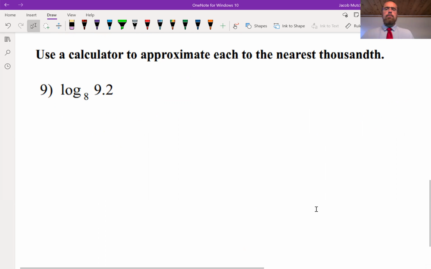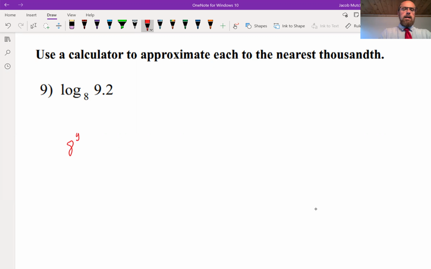And so we see here with this last example, even the instructions hint towards the fact that we really need a calculator to evaluate this logarithm base 8 of 9.2. So here, just to say what we're trying to find, it's 8 to some power y equals 9.2.